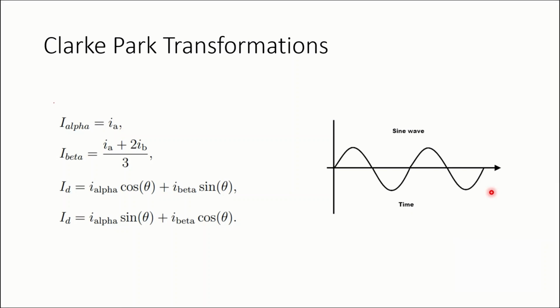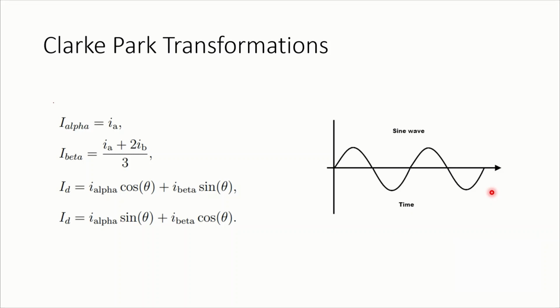Then you will be controlling it very accurately, nicely, precisely, right? So that's why for AC motors, we are converting the AC waveform or AC behavior into DC behavior, and that is possible when you change the frame of reference from stator to rotor. So I think you understood the importance of the change of frame of reference from stator to rotor.